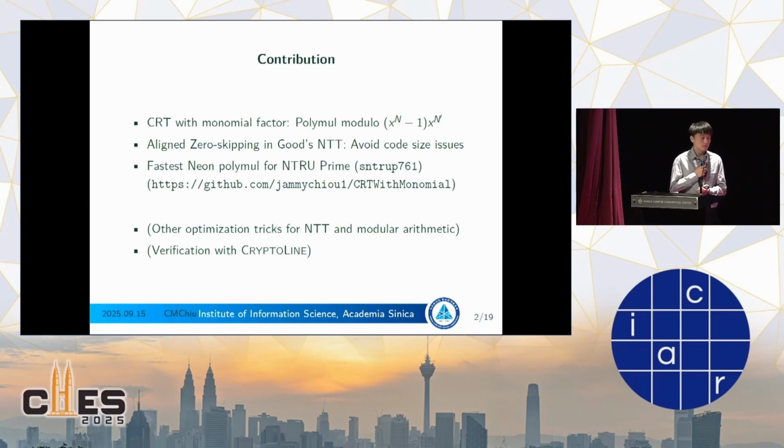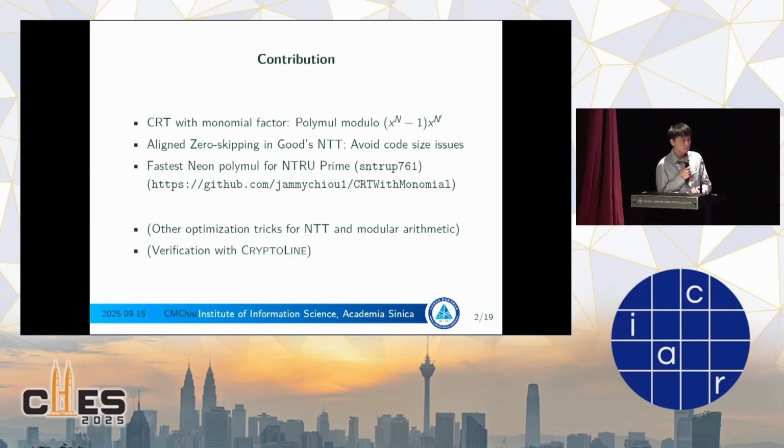We will cover the first two techniques in the first two sections of this talk. And lastly, we combined both ideas and implemented them in a NEON-based polynomial multiplier targeted for NTRU Prime. And we actually achieved state-of-the-art performance in the end.